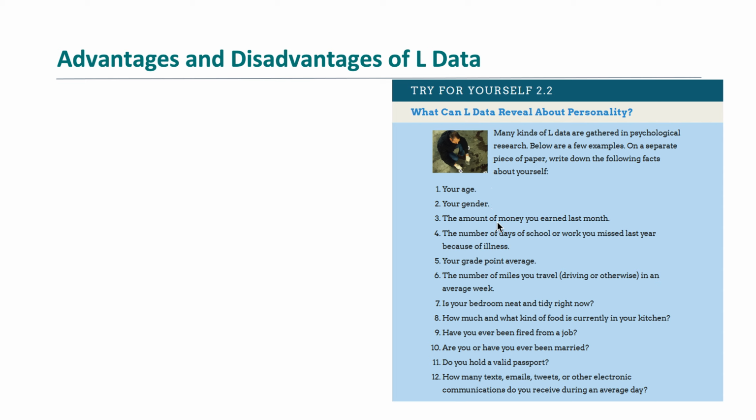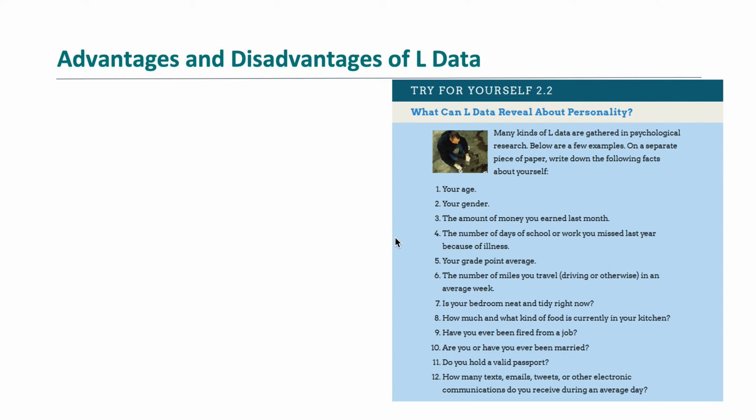Your gender, the amount of money, which I said, right? The amount of days of work or school that you've missed, your grade, the number of miles you traveled, is your bedroom neat or tidy, are you married, do you hold a passport? These are all types of data that we can use to unveil a little bit about your personality.